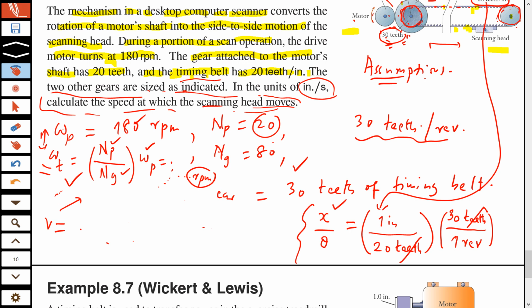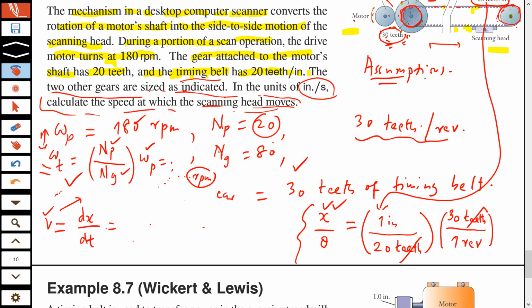I need linear velocity. Linear velocity, x over theta I know, x over 3. But x over theta is not equal to linear velocity. Okay, I can multiply this with theta over t. Now where did this equation come from? Okay, if you get scared of this equation, I can simply use the definition. It is dx over dt, linear velocity.